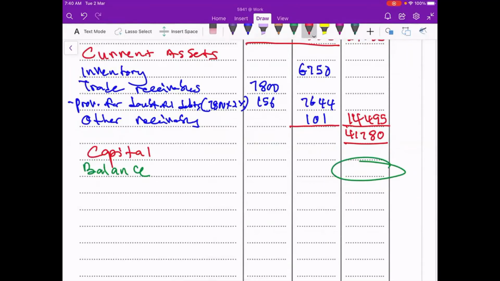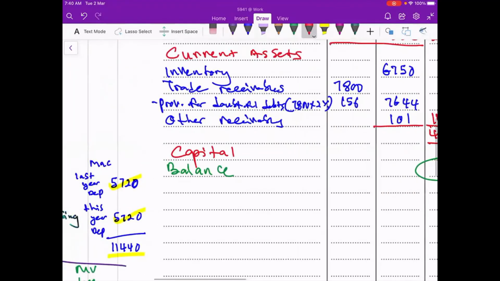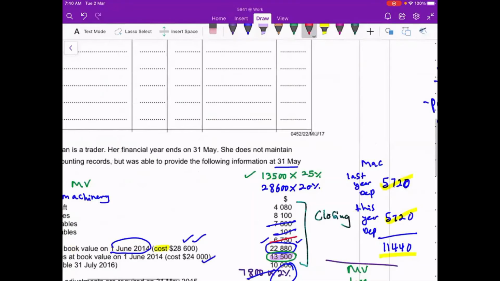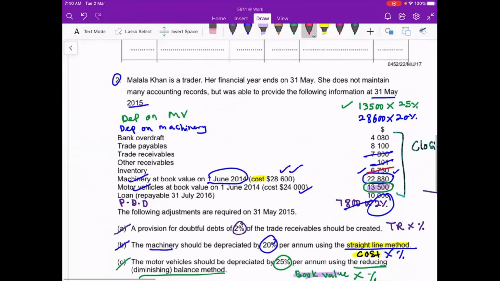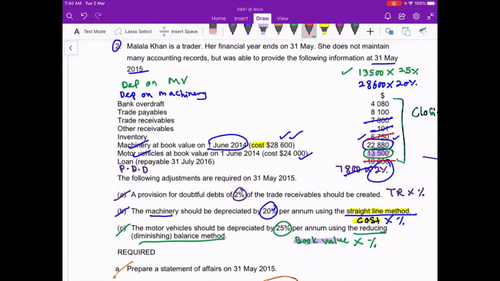After that, we're supposed to have non-current liability. Do you have a non-current liability? Yes, our non-current liability is 10,000. The question says repayable on 31st July 2016, but today's date is 31st May. So from this date to this date, do we have more than 1 year or less than 1 year?